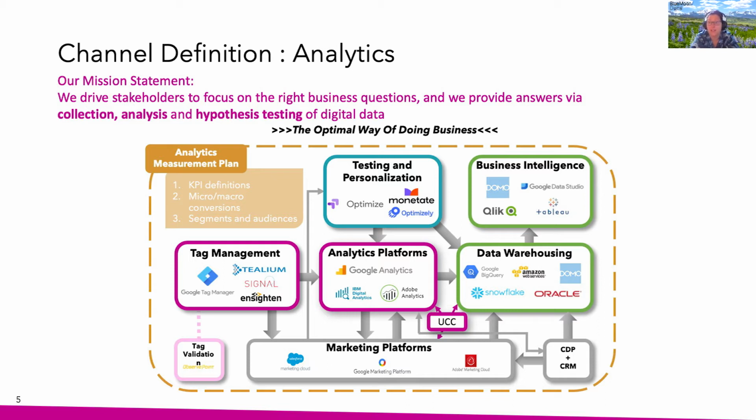We can execute on-site tests. We can personalize the experience based on an audience definition or based on where somebody came from, a specific paid search ad. Whatever we know about the person, we can actually modify the on-site experience to try to garner a better outcome. And that's where that testing and personalization layer comes in.